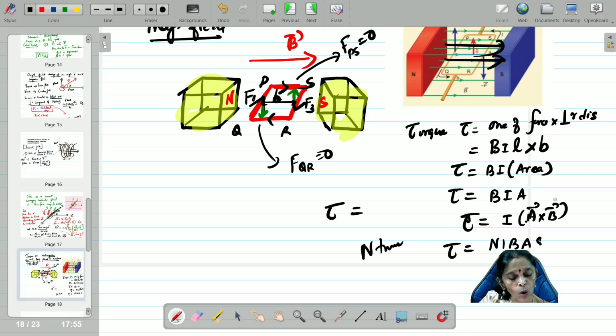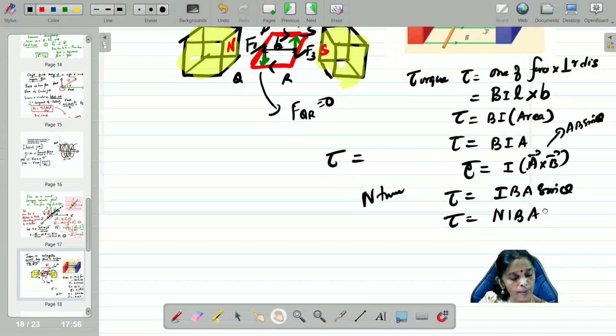Because A cross B is what? AB sine theta, right? So without the number of turns, I can write it as IAB sine theta. With the number of turns, what can I write? NIAB sine theta.